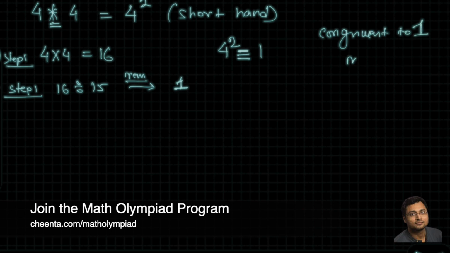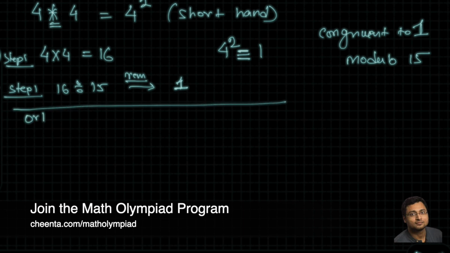Sometimes we say congruent to 1 modulo 15. So now we come to order of an element. Order of 4 is 2. Why is that?